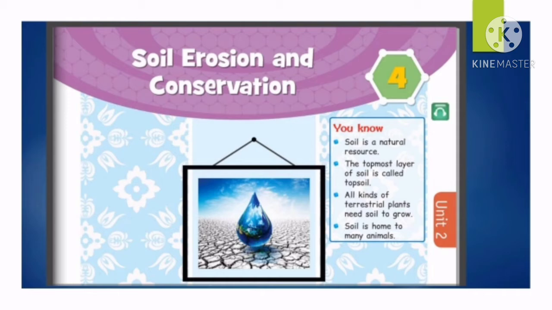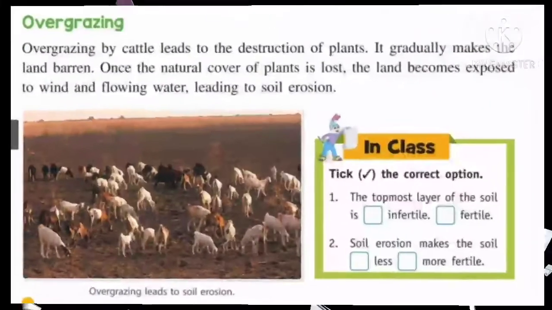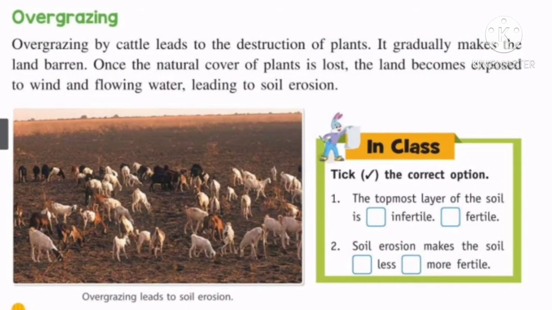The last topic we covered was deforestation, which is a cause of soil erosion. Today we are going to see the next cause of soil erosion. It is overgrazing. So let's read more about overgrazing.